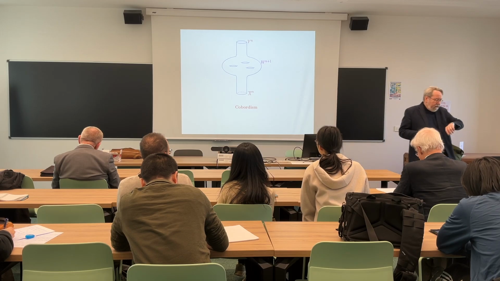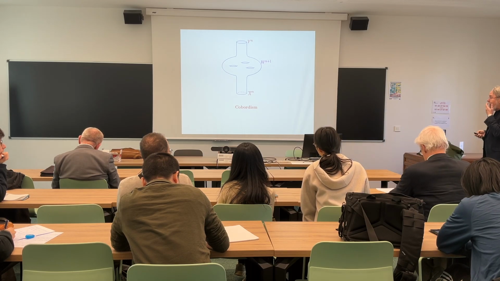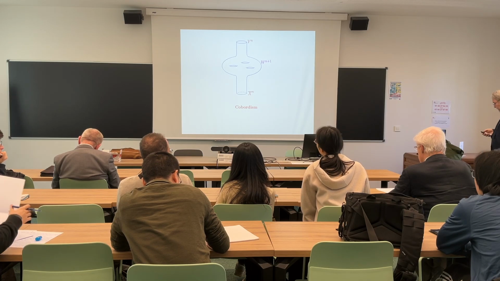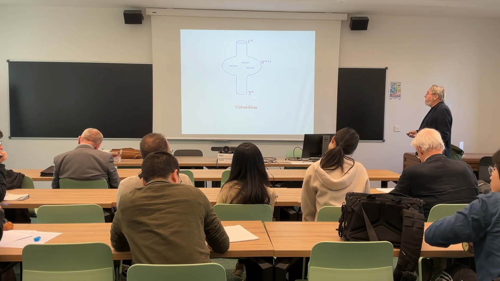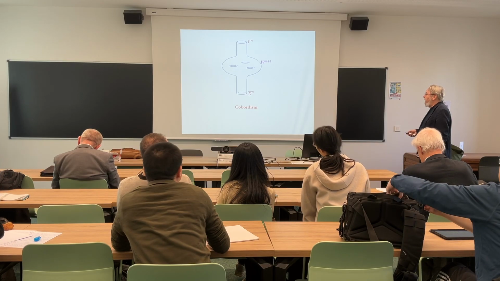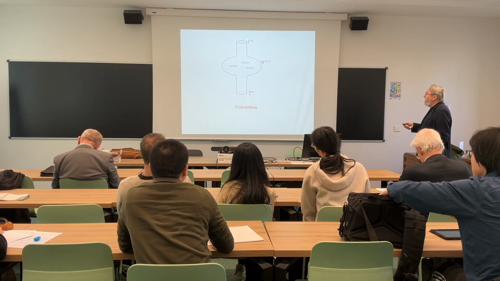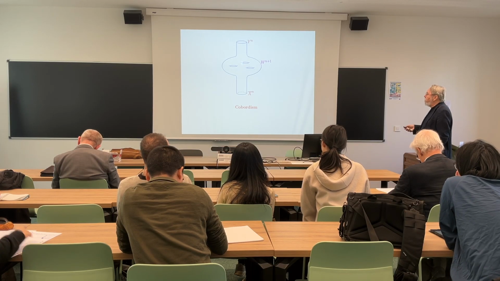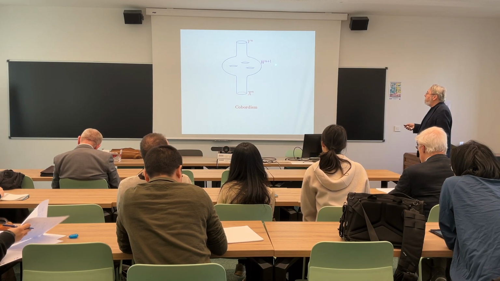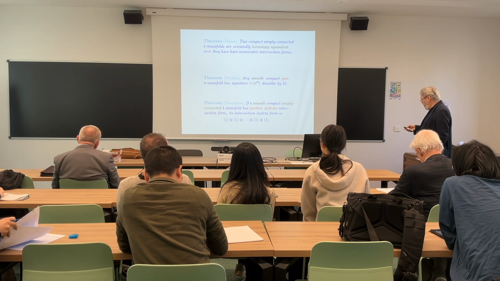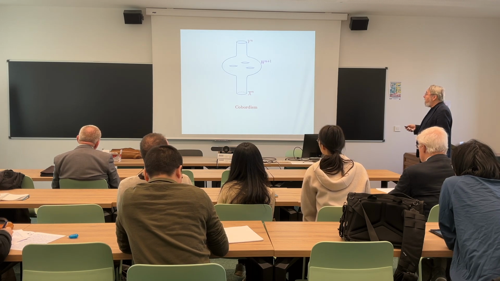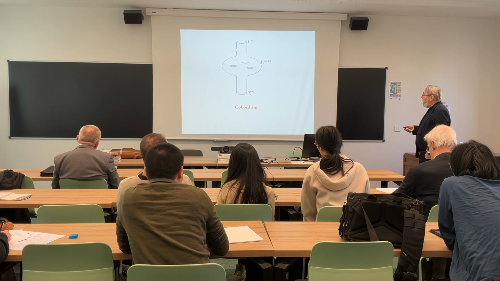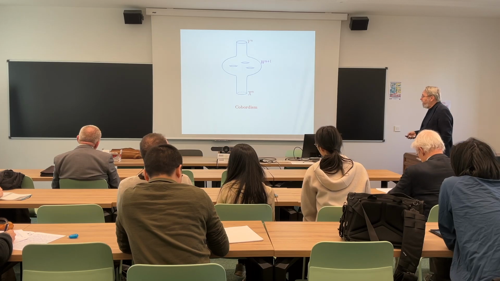Now, one of the basic constructions that's used in smooth topology is that of cobordism. If you have two n-dimensional, and I'll take them to be oriented manifolds, let's say Xn and Yn are two compact oriented n-manifolds, then you say that they are cobordant if there is an oriented manifold with boundary W in the next dimension up, whose boundary consists of a copy of Y and a copy of X with the opposite orientation.